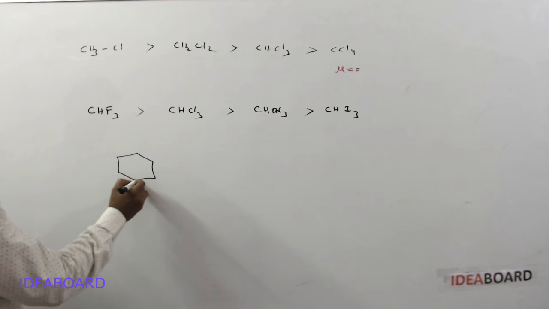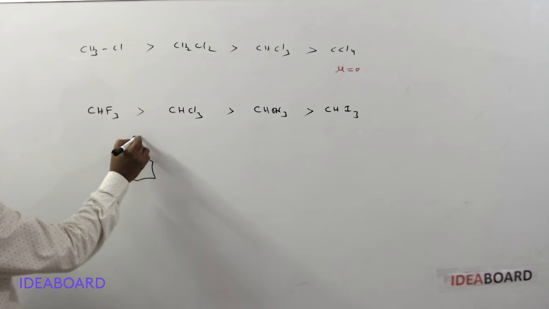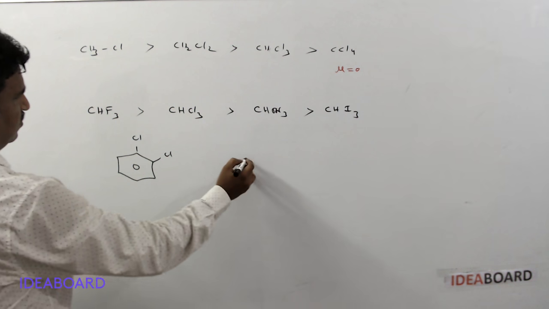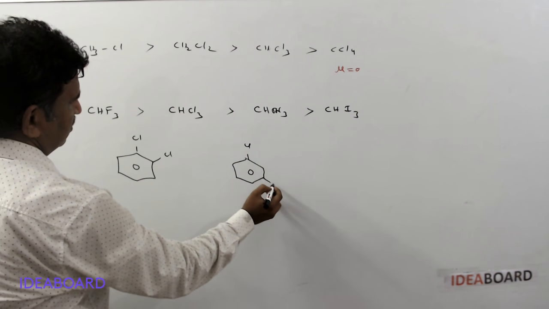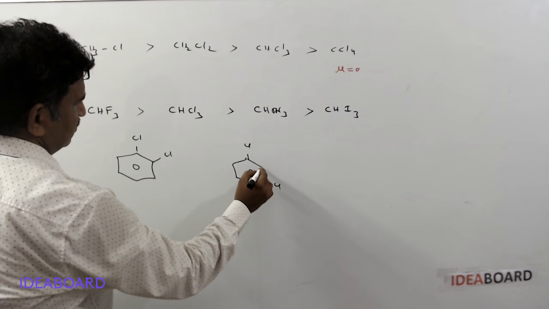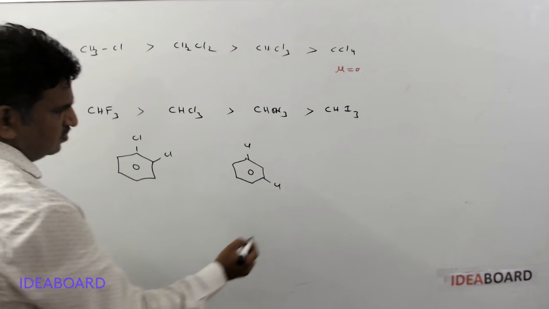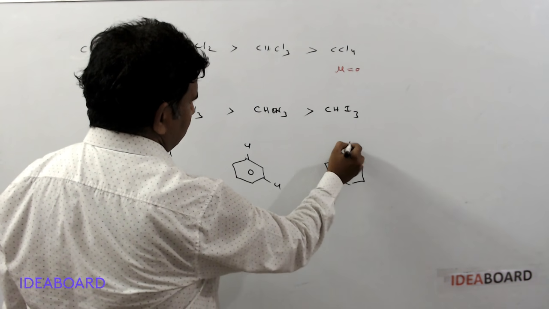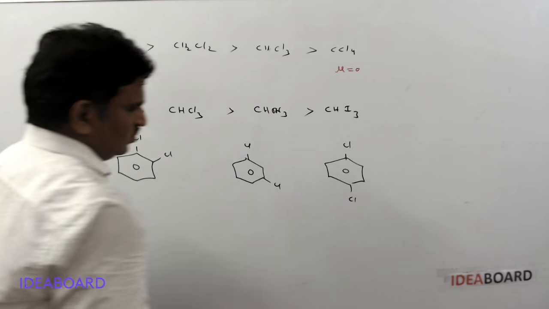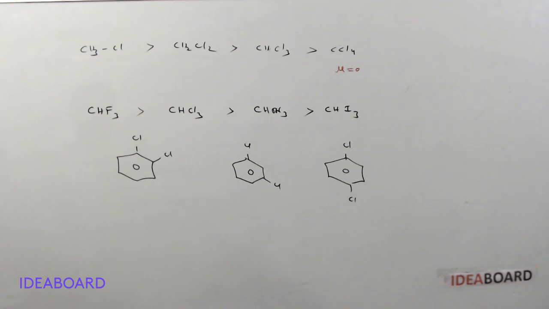And I think you know this also. This is chlorine, chlorine, and this is the meta position, and this is the para position, para-dichlorobenzene. Which has the highest dipole moment?